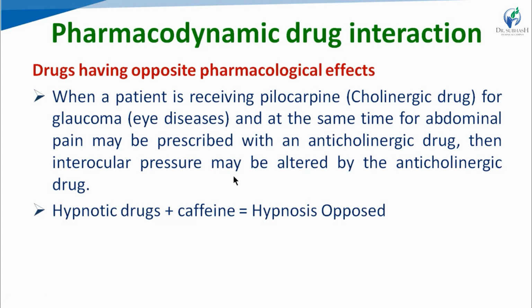So the effect will be nullified. The same example: if the patient is taking hypnotic drugs and at the same time he is taking caffeine, the hypnosis, that means the sedation, will be opposed over here. This is an opposite pharmacological effect, also known as an antagonistic effect.